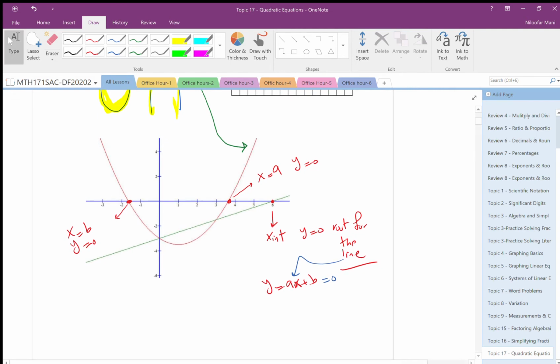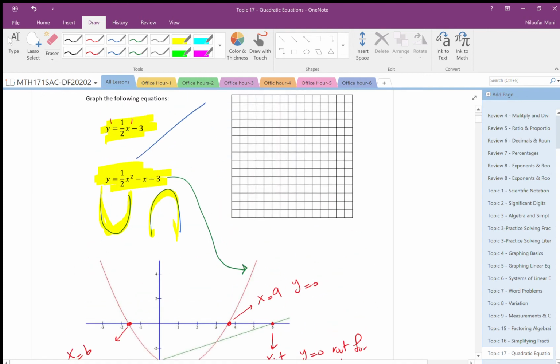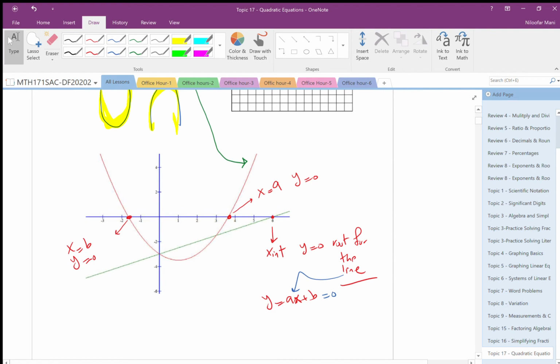Look at these red points. These red points are where the graph touches the x-axis, which means where y equals 0. These points, the x-intercepts of the graph, are the roots of the function. What do I mean by roots? For example, at this point x is a number, minus a, so if a is positive, it's a negative number.